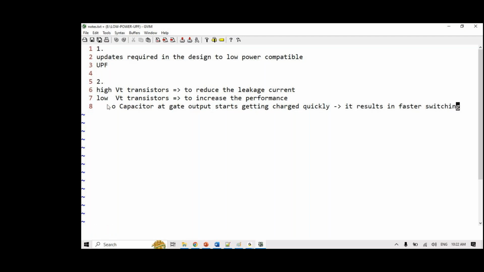So this concept is important. When your primary requirement is to reduce the leakage current, we go with high VT transistor design. It's not like the entire chip will be on low VT transistors or the entire chip will be on high VT. It's a combination of low VT and high VT. As we go forward, we'll discuss where we use low threshold voltage transistors and where we use high threshold voltage transistors.